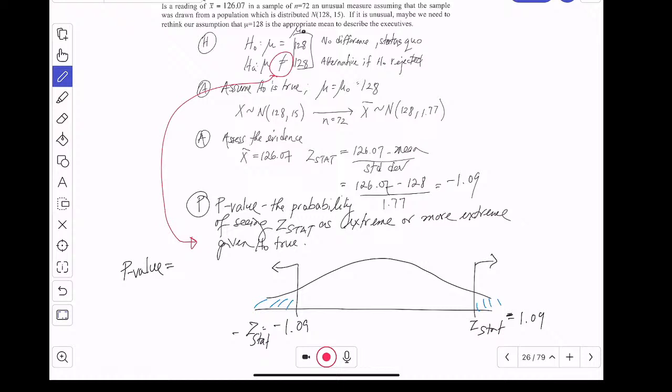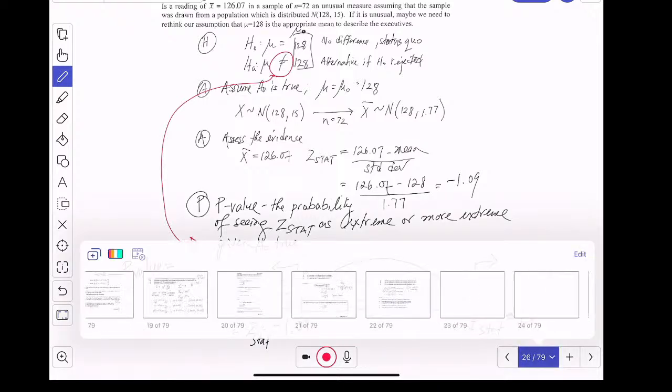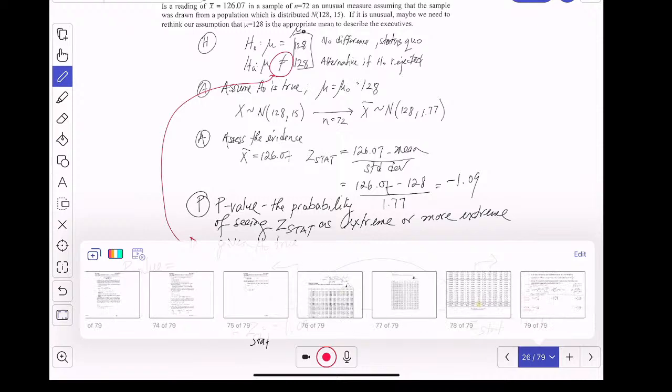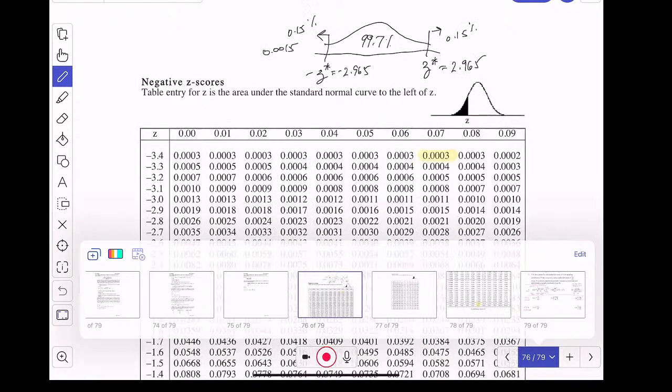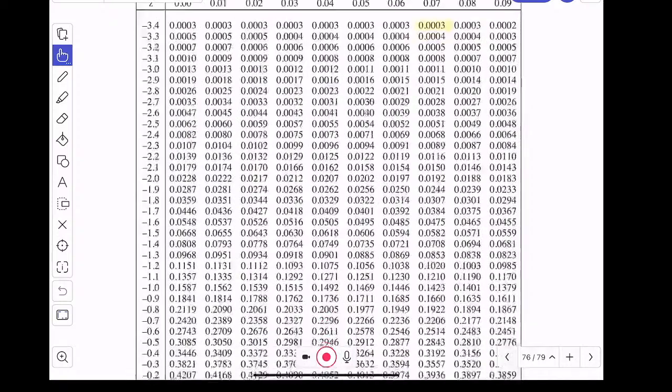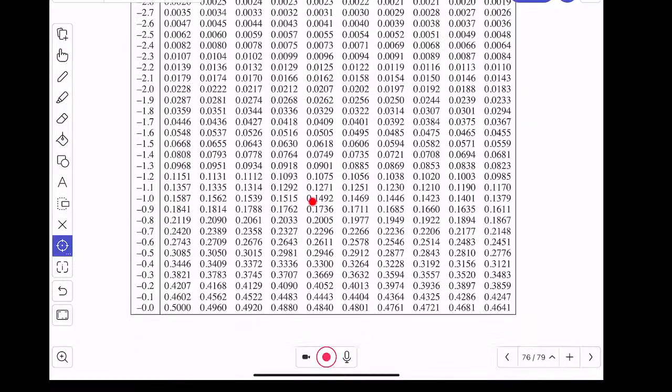So I look up negative 1.09 in my z table. Negative 1.09 will be over here.